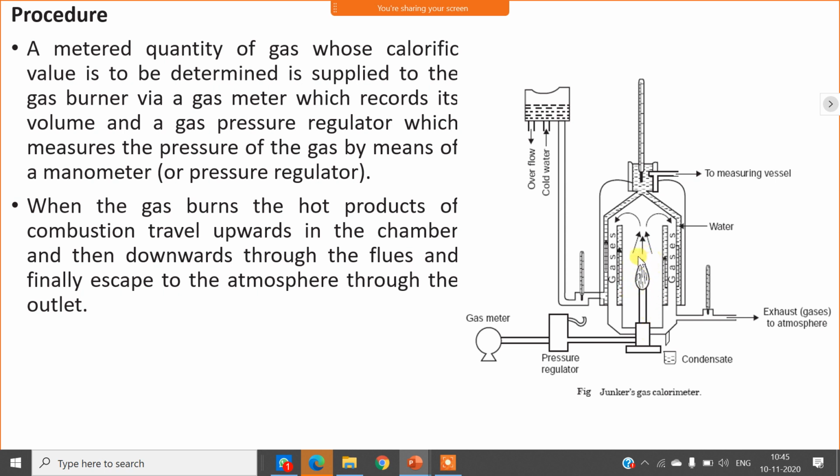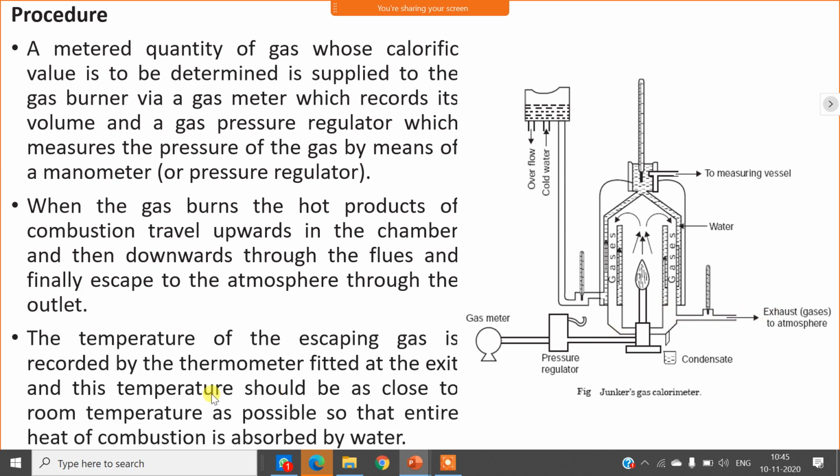When the combustion of fuel takes place in the burner, combustible gases move first in the upward direction, then in the downward direction, and finally are exhausted to the atmosphere. The temperature of escaping gas is recorded by the thermometer fitted at the exit.